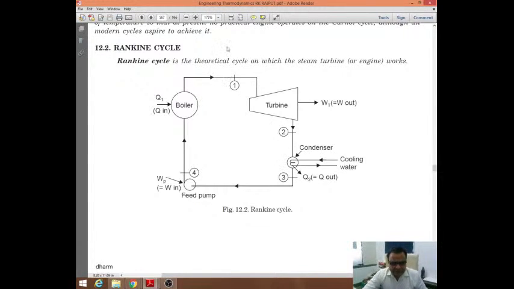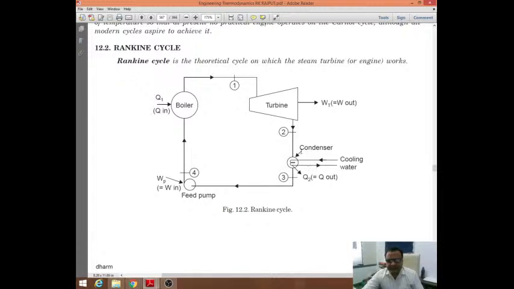The second modification in the Rankine cycle in comparison with the Carnot cycle is the process of condensation. The process of condensation was terminated in the Carnot cycle simply to achieve the process 3 to 4 in an isentropic fashion, particularly in the wet region.